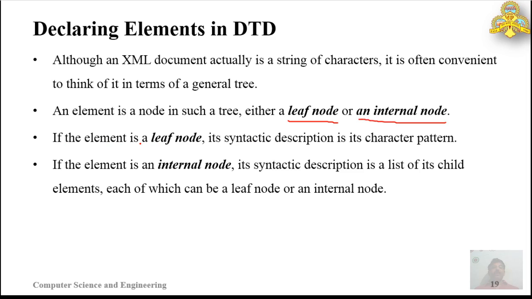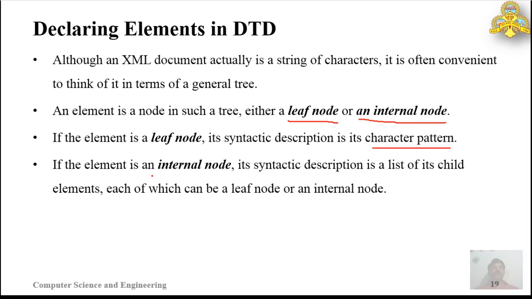So if you are declaring an element as a leaf node, then its syntactic description is its character pattern. That means what is the pattern type of the information that can be enclosed by the element tags.